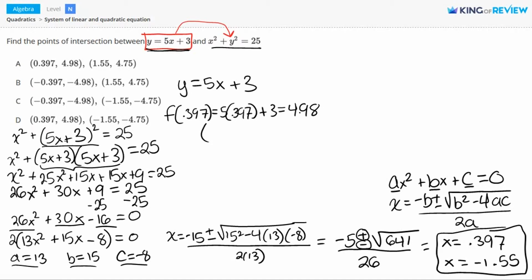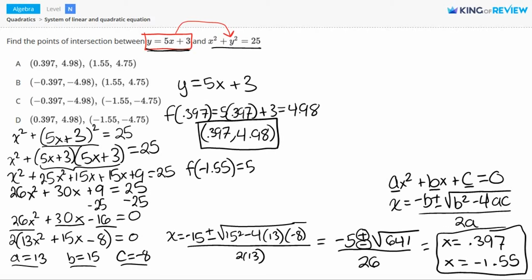So we have a point of intersection at (0.397, 4.98). This is our first point of intersection. Now let's plug in the second x value, f of negative 1.55.